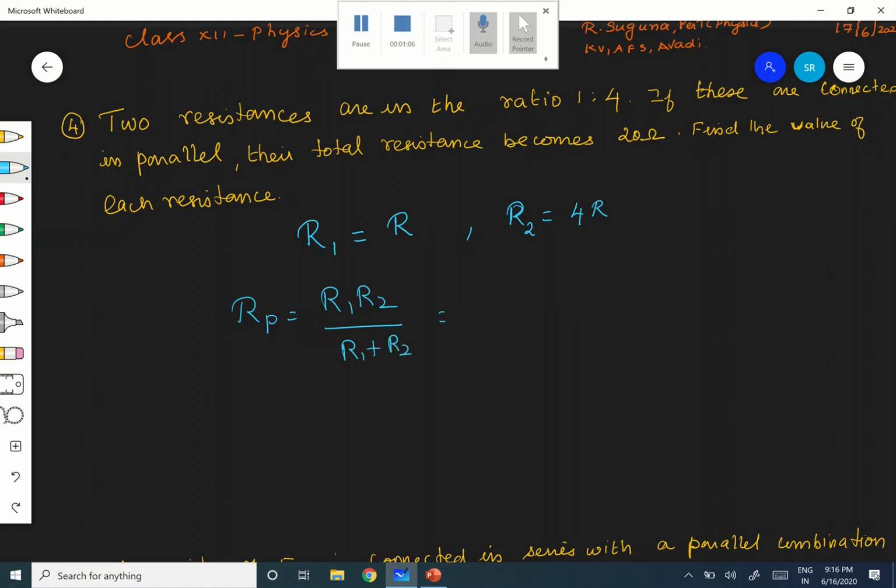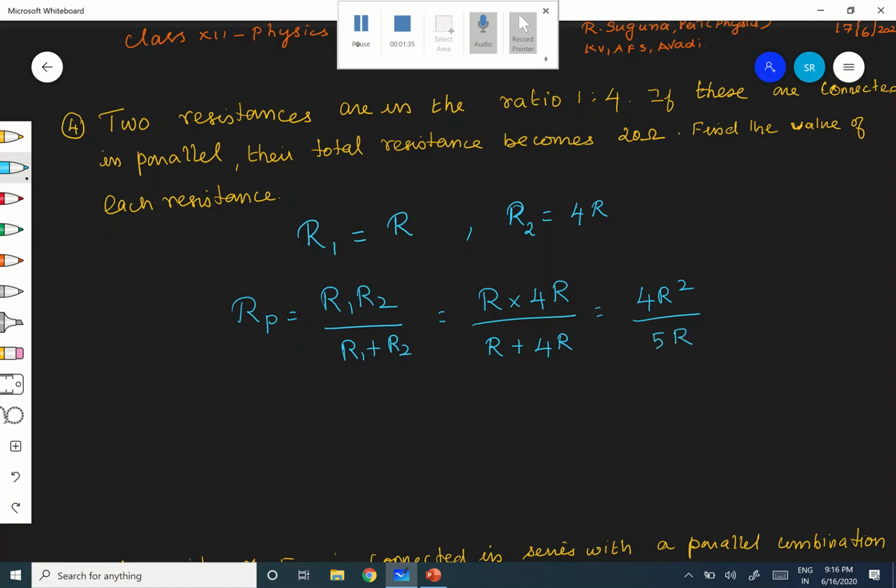That is R into 4R divided by R plus 4R. This is nothing but 4R squared divided by 5R.